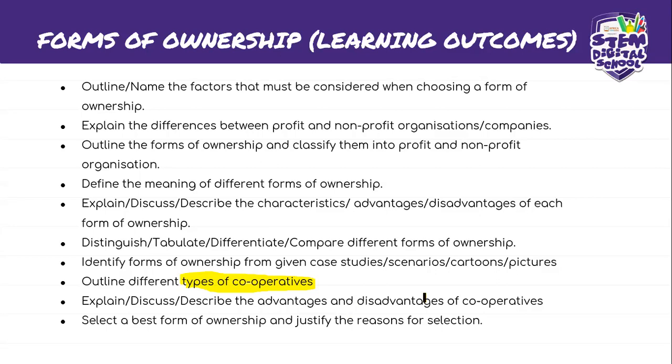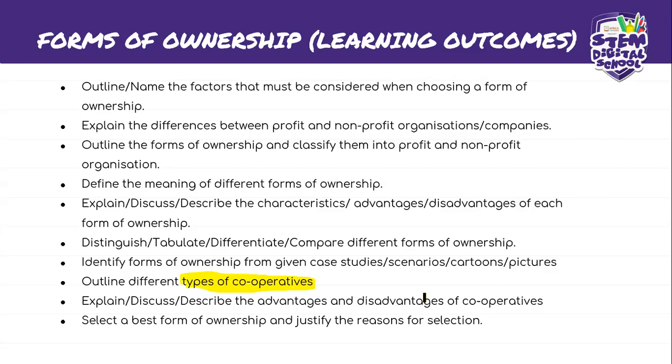So please make sure that you understand, as today we're closing off the chapter. It's a huge chapter and it's one of the important chapters in grade 10. You'll never finish your business studies assessment, test or exam without an examiner asking about forms of ownership. It's very important for you to know your forms of ownership. You'll be tested on them a lot this year.